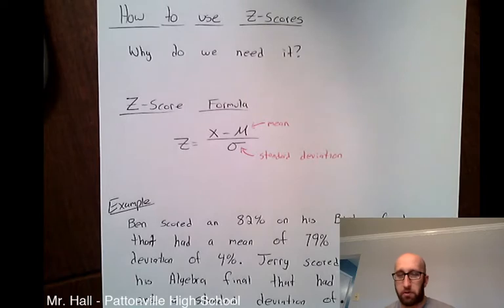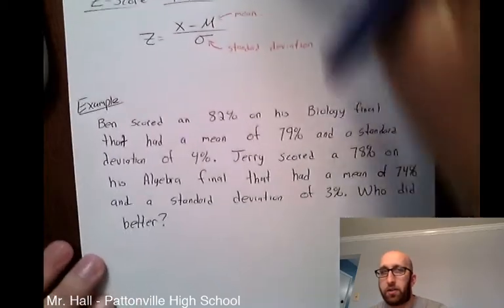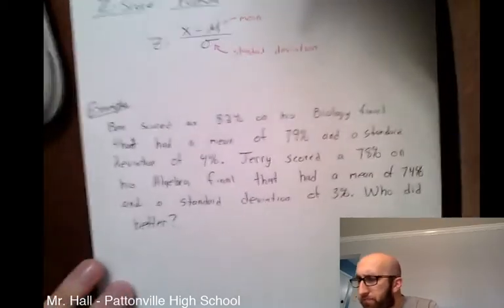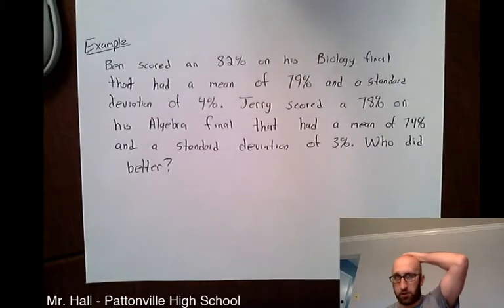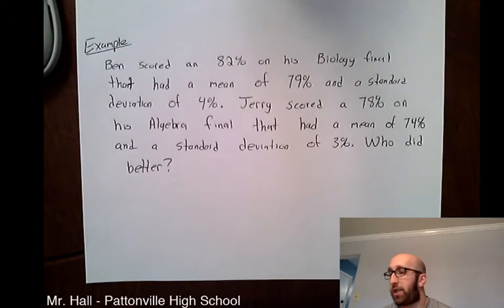The first thing I want to do as an example is talk about how z-scores allow us to compare things. The example I have here is Ben scored an 82% on his biology final, and it's missing a piece here. We should say that the scores were normally distributed with a mean of 79% and a standard deviation of 4%.